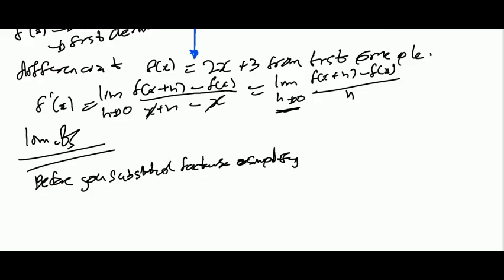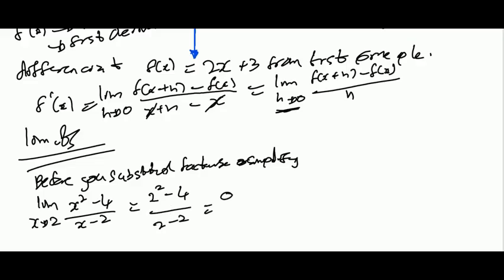For example, let me just do an example. Let's say they're saying calculate the limit as x approaches 2 of x squared minus 4 over x minus 2. So we can see that if we start by substituting, we are going to have 2 squared minus 4, which is 0, over 2 minus 2, which is 0. So 0 over 0 is what? Is undefined. Why?